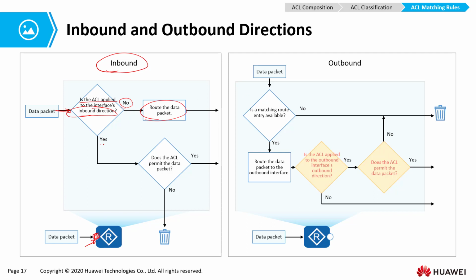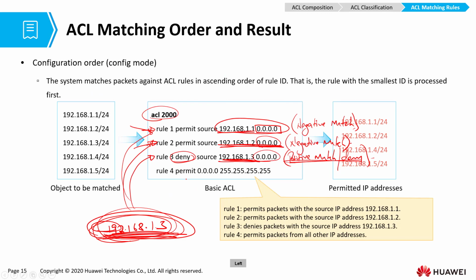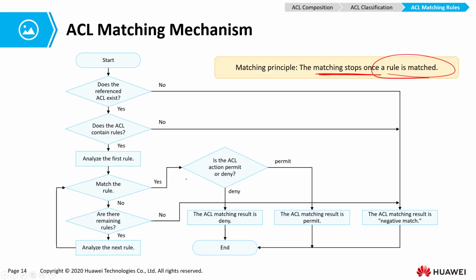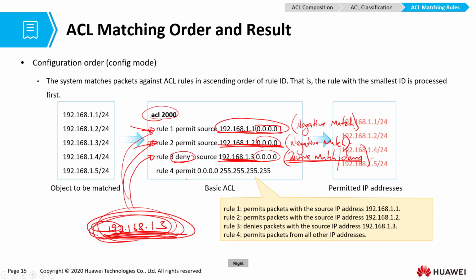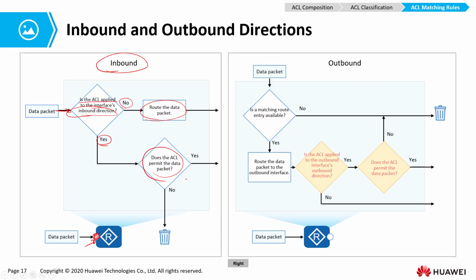But if it is applied to the inbound direction, we shall go ahead and analyze the ACL based on the procedure we've just looked at here. We shall match the ACL based on this procedure, and after matching the ACL, we shall get the result. If the packet has been denied, we shall drop it. If the packet has been permitted, it will now proceed to the other processing parts of the router, and subsequently the packet will be forwarded.